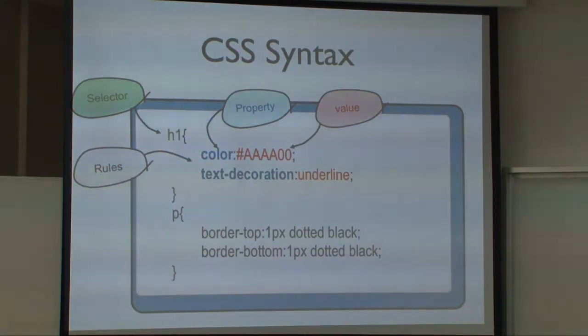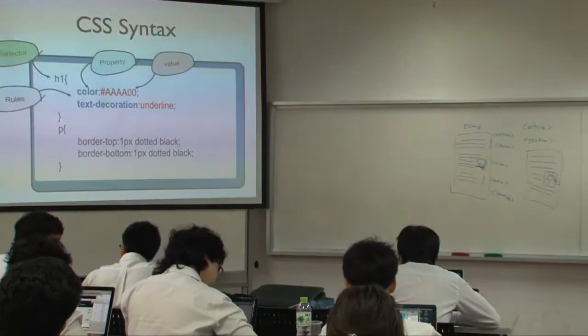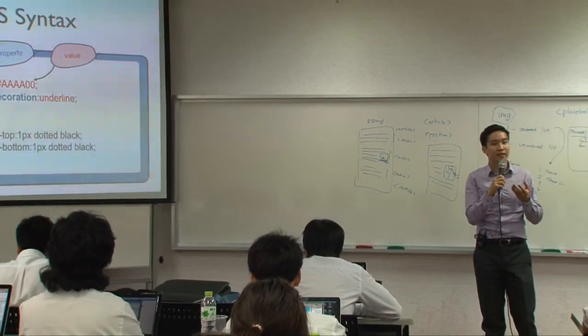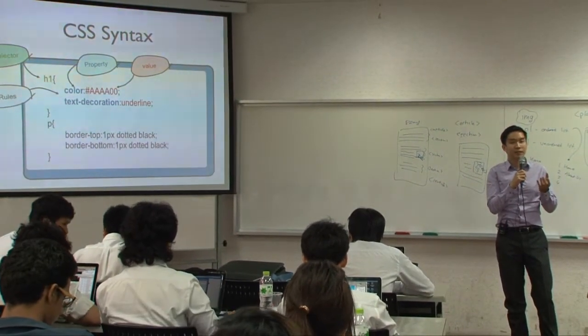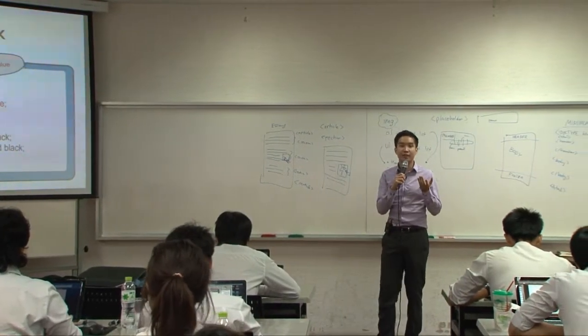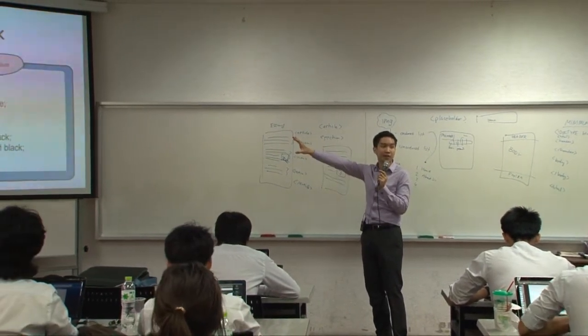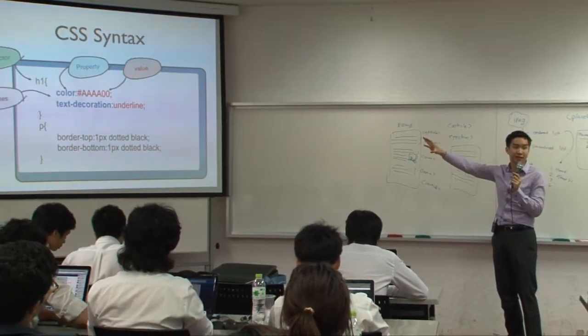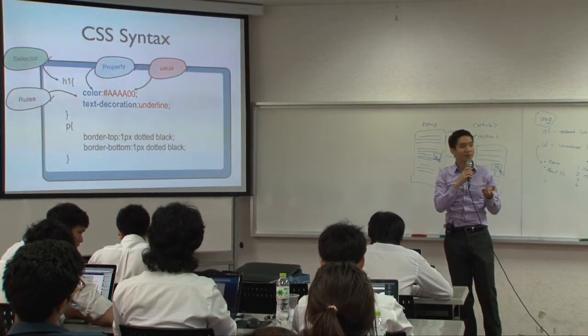And CSS, much like an HTML document, where an HTML document is simply just a text file, CSS is also simply just a text file as well. So if you were to open your text editor and simply type in this text into that text editor, you essentially have a CSS file.